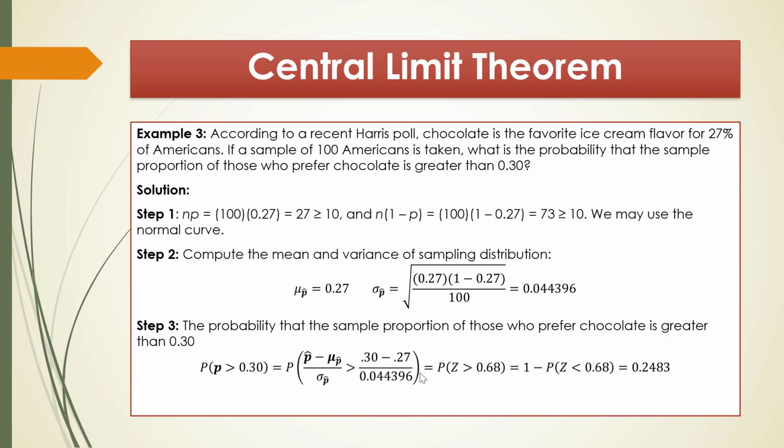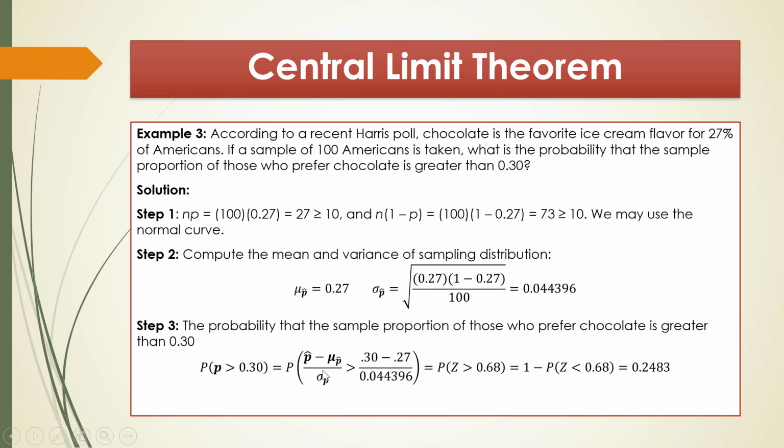Step 3. The probability that the sample proportion of those who prefer chocolate is greater than 0.30. So here we want to compute the probability that p hat is greater than 0.30, and we are going to use standardization. So we subtract the mean from both sides and divide both sides by the standard deviation. The left hand side becomes Z, because of the central limit theorem: when the two conditions are met, the sample proportion follows a normal distribution with mean mu of p hat and standard deviation sigma of p hat.